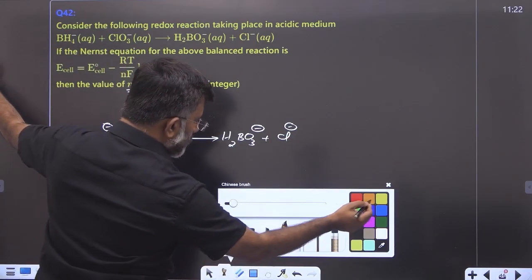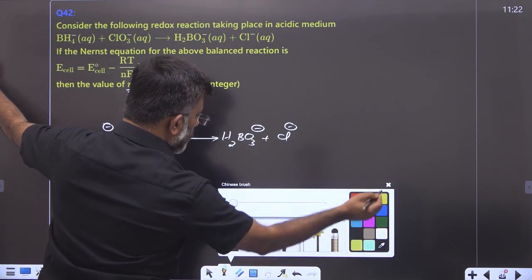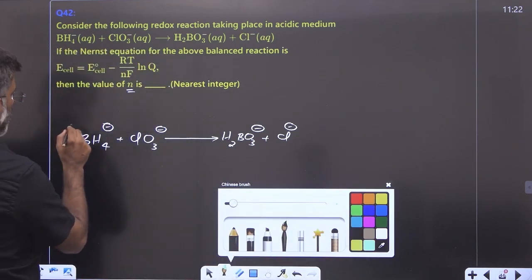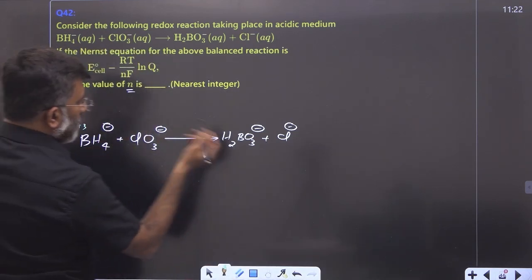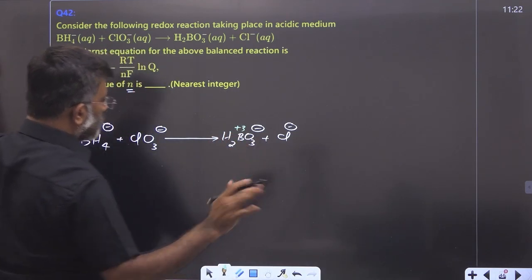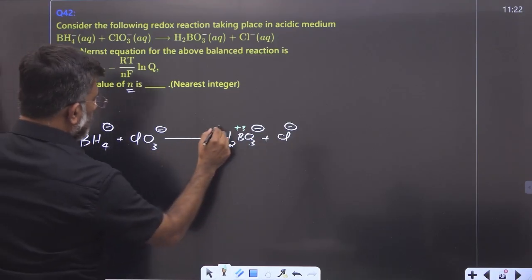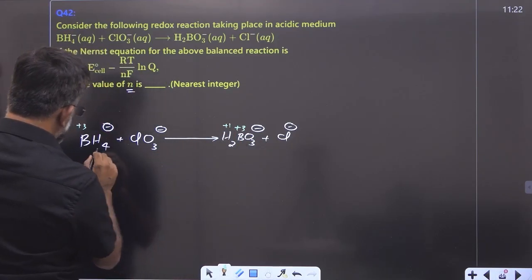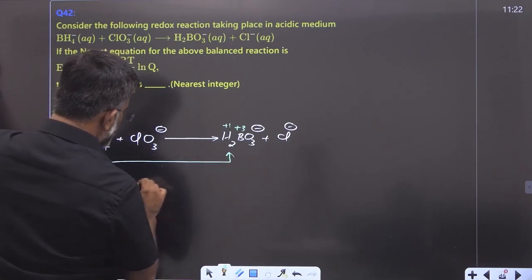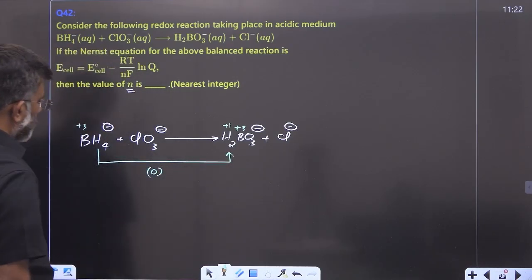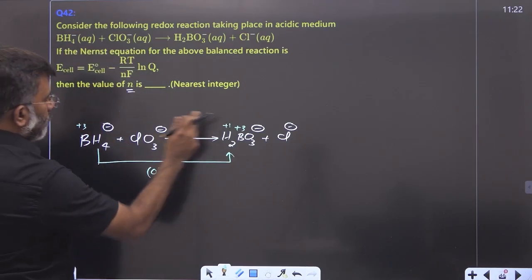When you analyze the oxidation state of various species, boron here is plus 3, boron here is also plus 3, no change. Hydrogen is minus 1, and hydrogen here is plus 1. That is actually oxidized. So hydrogen undergoes oxidation, minus 1 to plus 1.